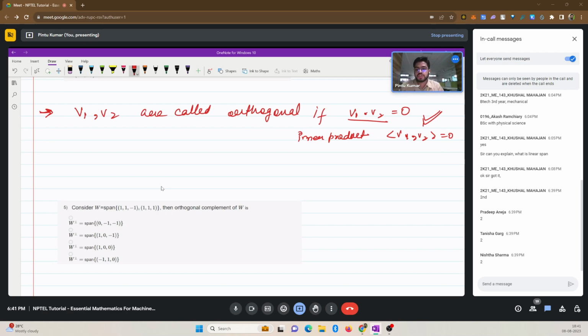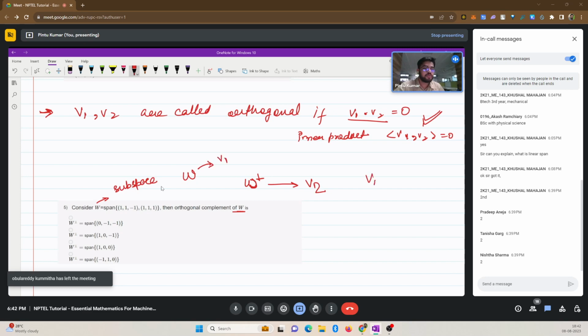Let's say you have some subspace W. What is the orthogonal component of W? The orthogonal component of W means that if you take some vector v2 from here and a vector v1 from W, then your dot product should always be 0.